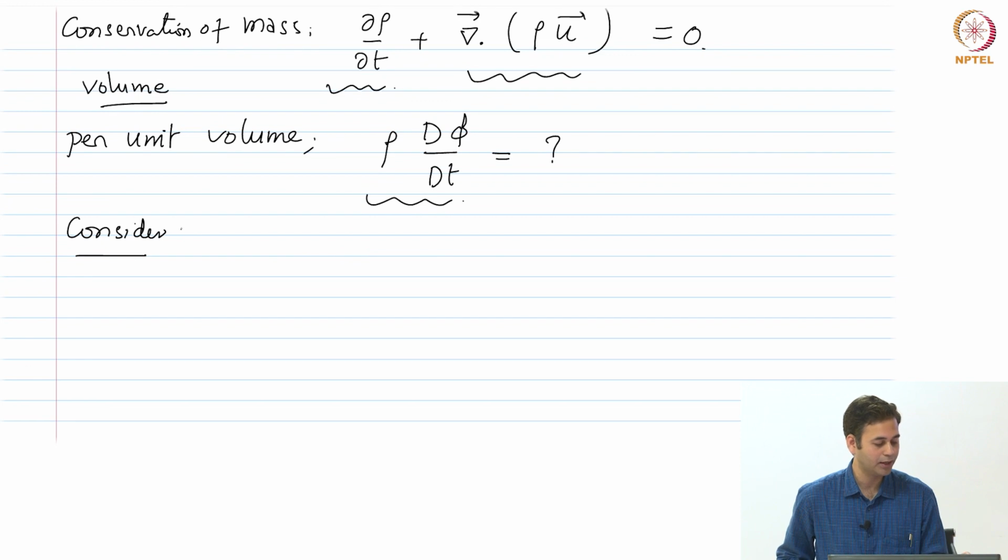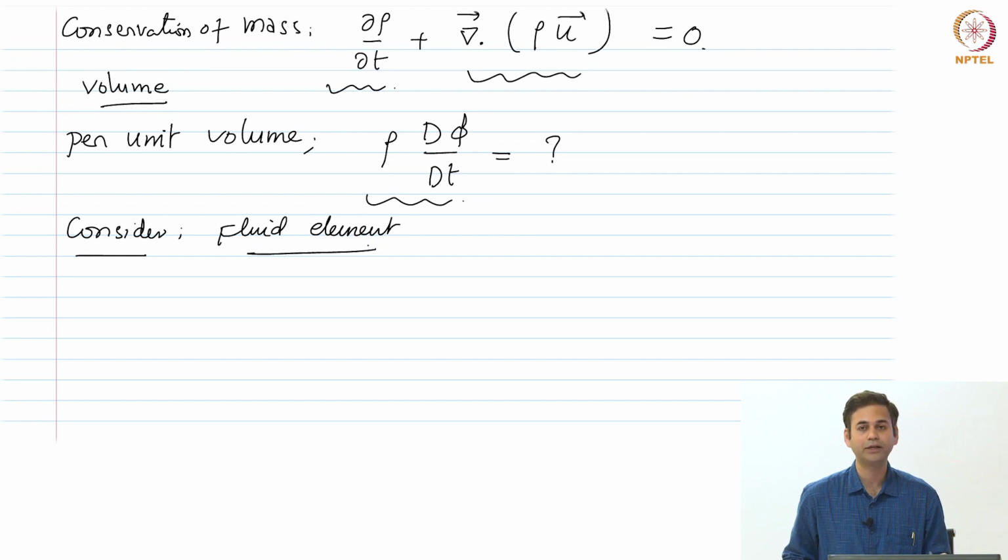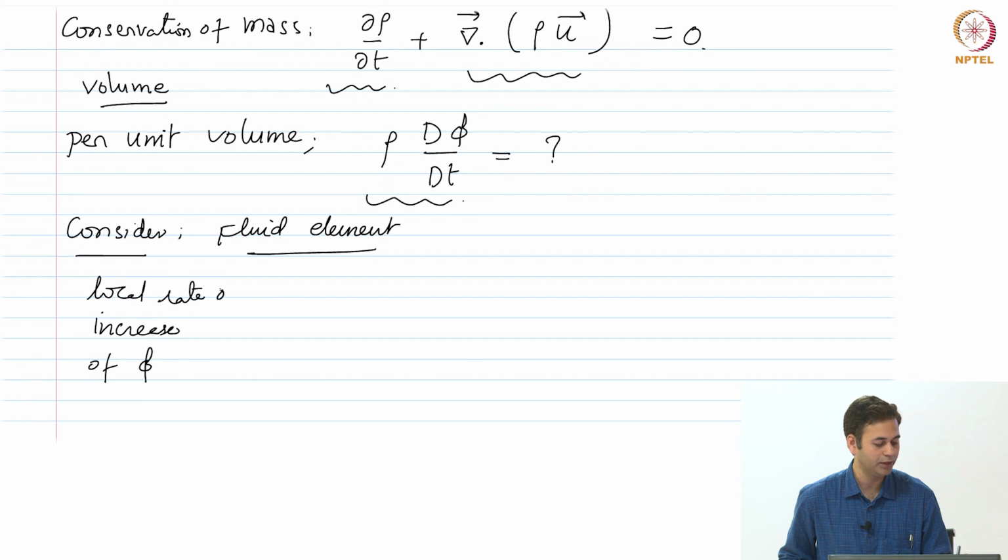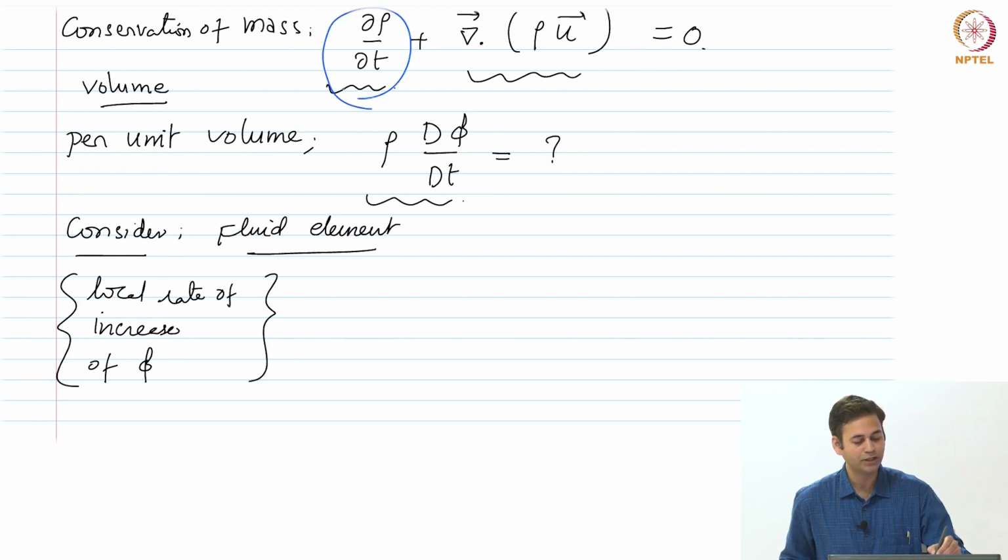Now, in order to develop this, similar to the earlier case, I want to consider a fluid element. Inside this fluid element, I am interested in the local rate of increase of phi, which is similar to the partial rho partial t that we have.